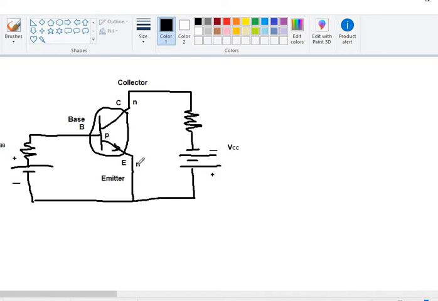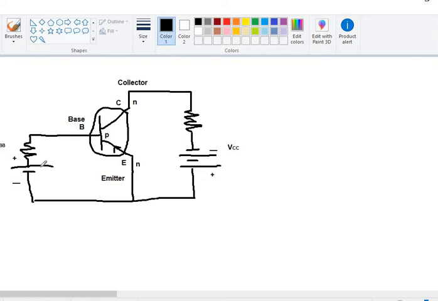If for example its direction is given in this way, towards the base, it means it is a PNP transistor, from positive to negative and positive, right? We don't need to put any arrow at the collector side. So I hope it is clear now, all the basics of this basic circuit.